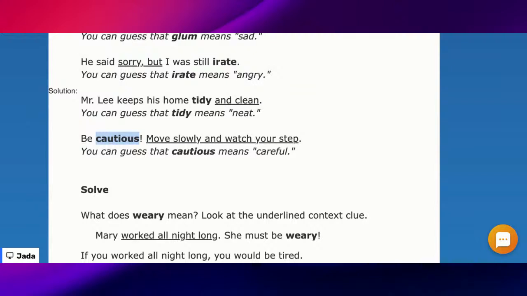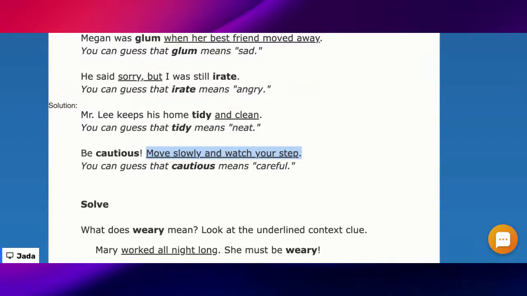No, cautious here signifies careful, because there are hints around the sentence which say move slowly and watch your step. So cautious here means careful. Okay, so let's look at some more words.